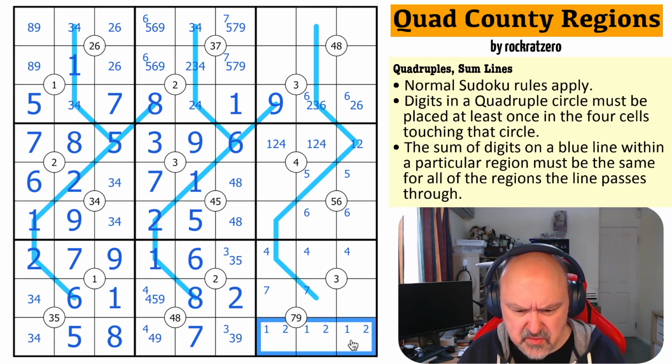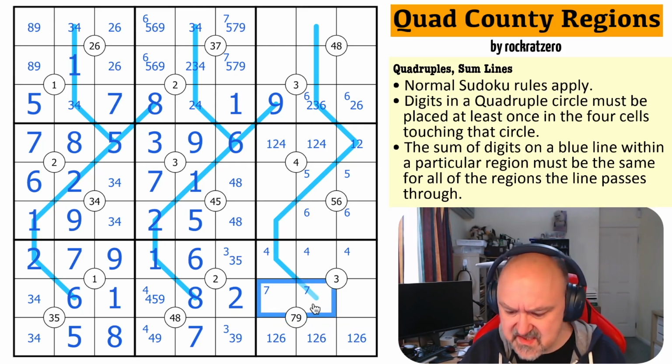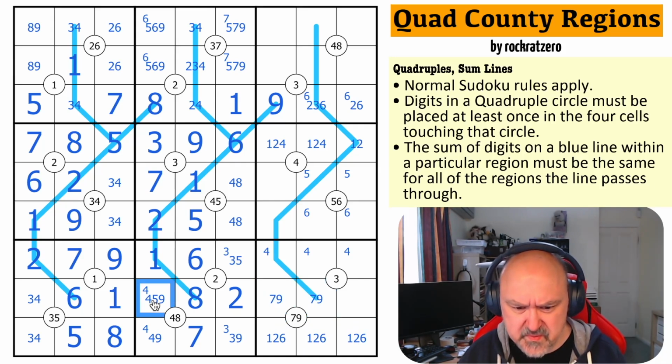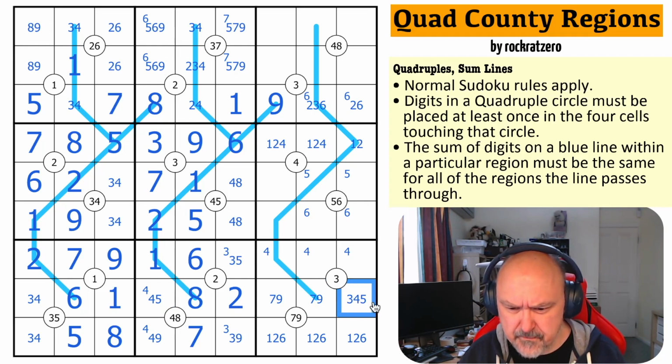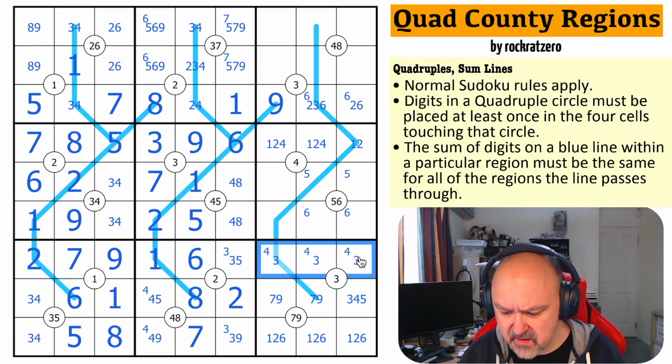Okay. So this is also a triple. 1, 2, 3, 4, 5, 6, 7, 8, 9. This is a 1, 2, 6. So this is 7 and 9, which means that's not the 9. So this is from 3, 4, 5. This is 3, 4, 5. 1, 2, 3, 4, 5, and 8 go in here.